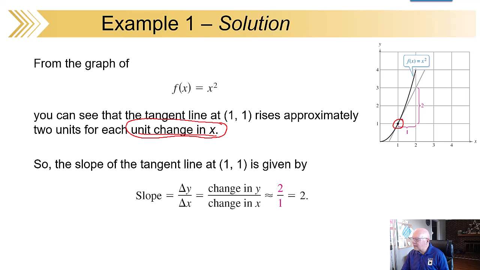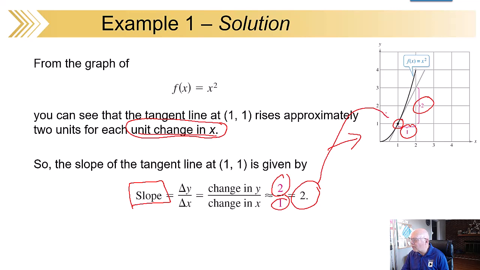So looking at this graph over here, we can see the slope for that tangent line, change in y is 2, right there. Change in x is 1, and there's our slope. The slope, though, only for that particular point.